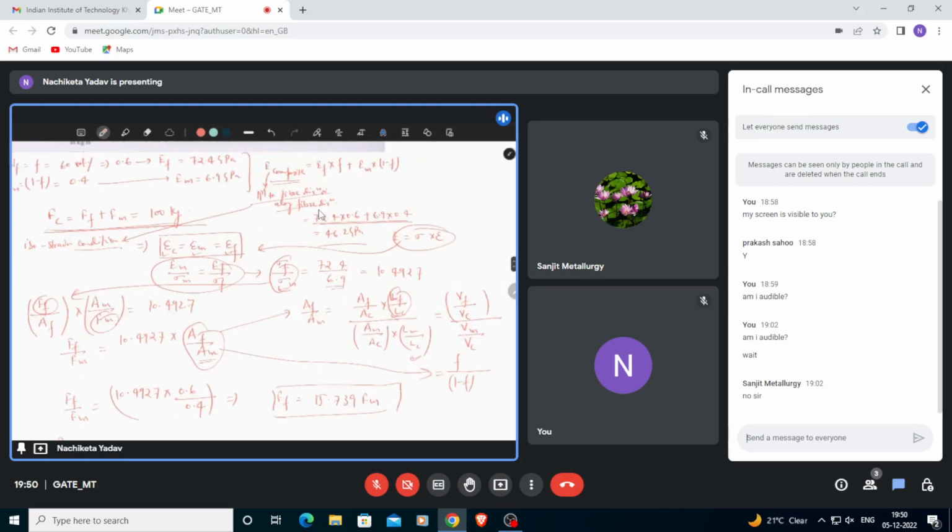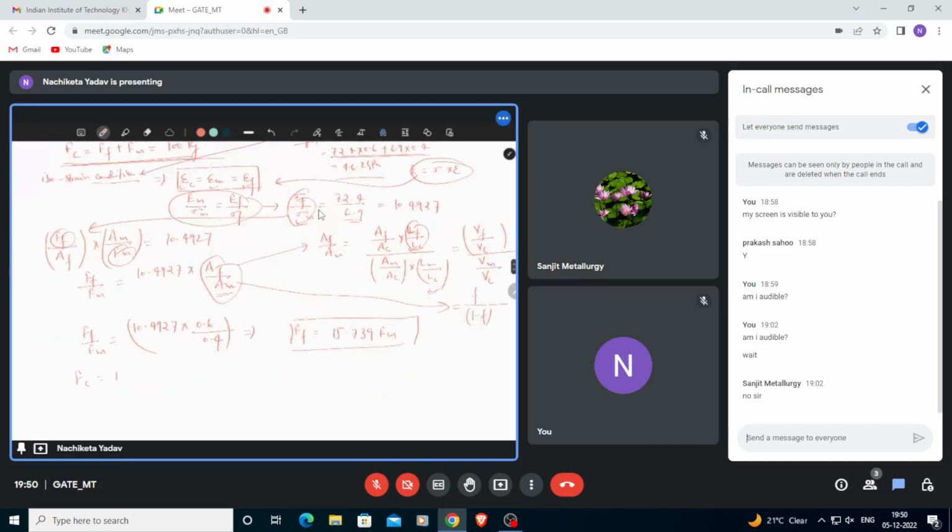So we know this equation, and already we know FF from here. In the equation it is given FC is equal to FM plus FF, matrix plus fiber, it is 100. So simply you put 15.739 FM plus FM equal to 100.